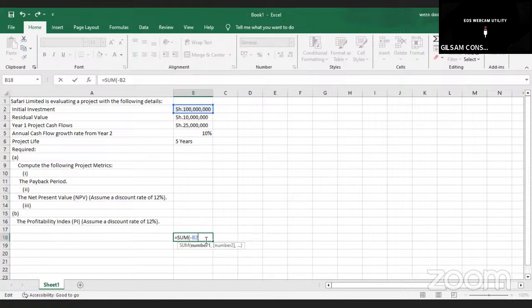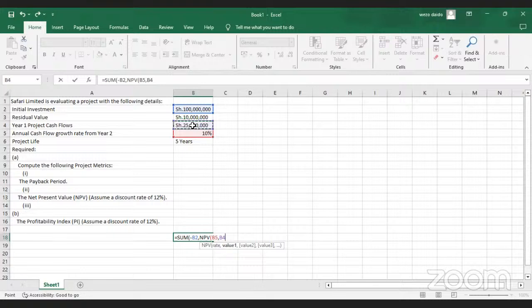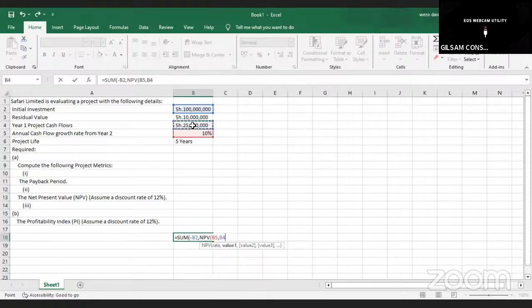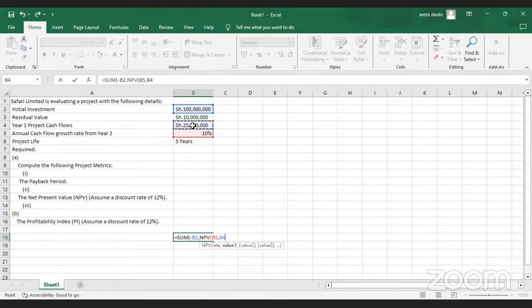So NPV. There's a residual value. It should be subtracted.